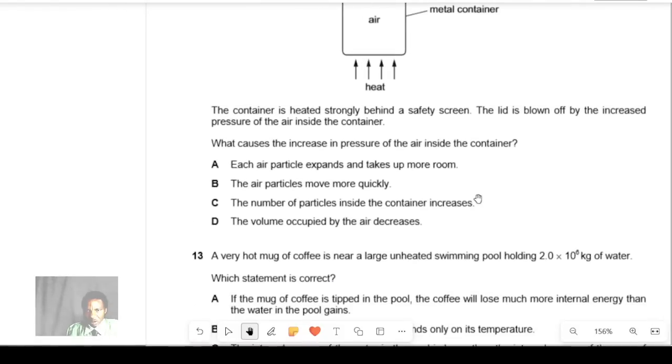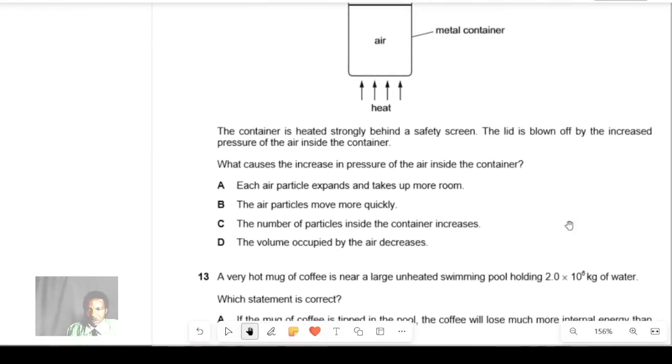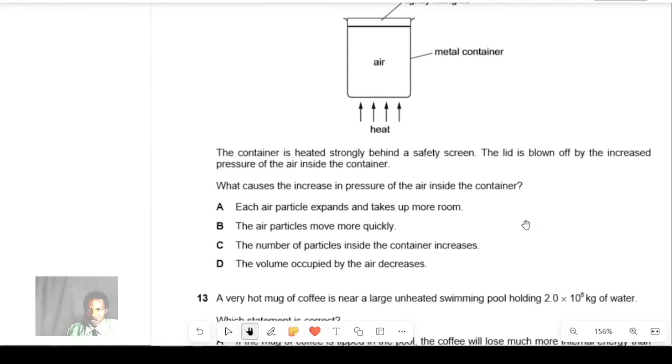If you look at the options that we are given here, you discover that if you heat up this container, the air particles that are here will not increase.